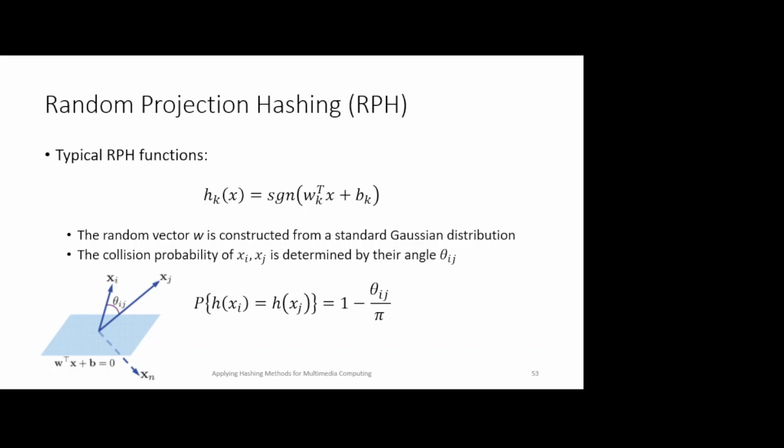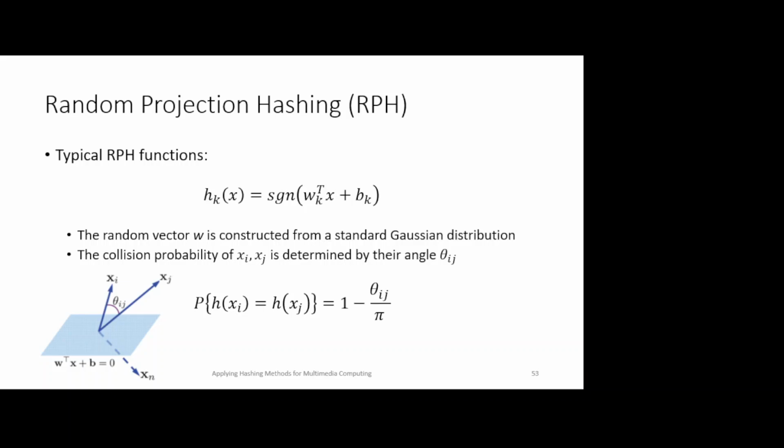It's a very common assumption. Just use the Gaussian distribution to generate your weight, and then the collision probability between any two data points xi and xj is determined by their angle theta.